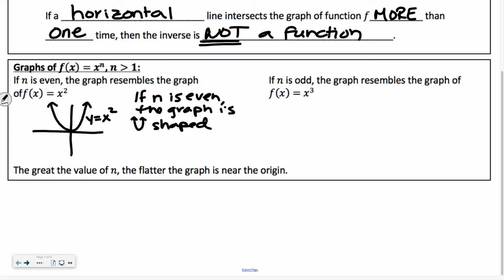It still looked like a U, like it was bouncing, but it wasn't as round as the parabola was at the bottom. Okay, so as n increases, gets larger, the graph gets flatter at the origin.